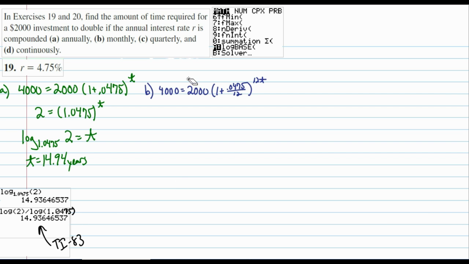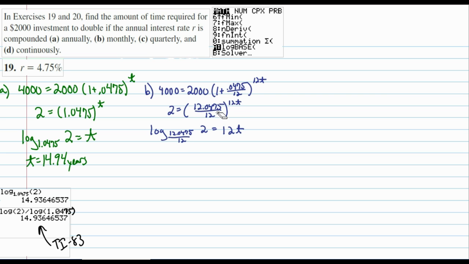Part B, monthly. So again, 4,000 equals 2,000. Divide both sides by 2,000, and then you get your 2 equals. Now, the 1 plus, this is your rate over monthly. Your k value is going to be 12, to the 12 times t. And then I would simplify this like so. And then again, I'm solving for that exponent, so I got to change to log form.